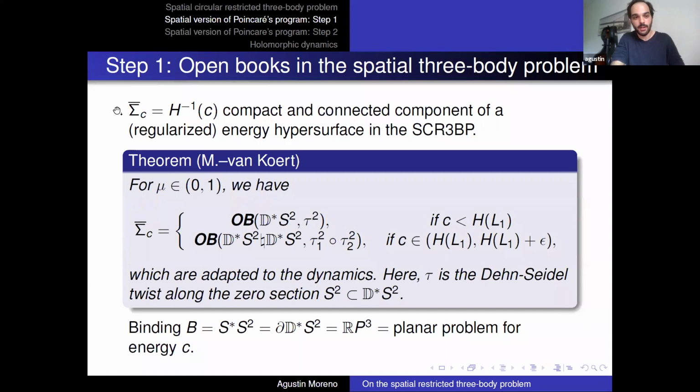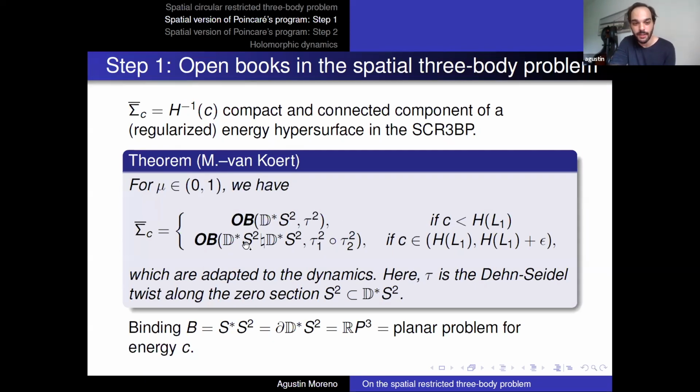Formally, you take a compact component of the Moser regularized energy hypersurface in the three-body problem. And the theorem is that for any mu and subcritical c, you find an adapted open book whose abstract type I write down. If c is less than h of L1, then the page of the open book is a D star 2, and its monodromy is a square of a Dehn-Seidel twist.